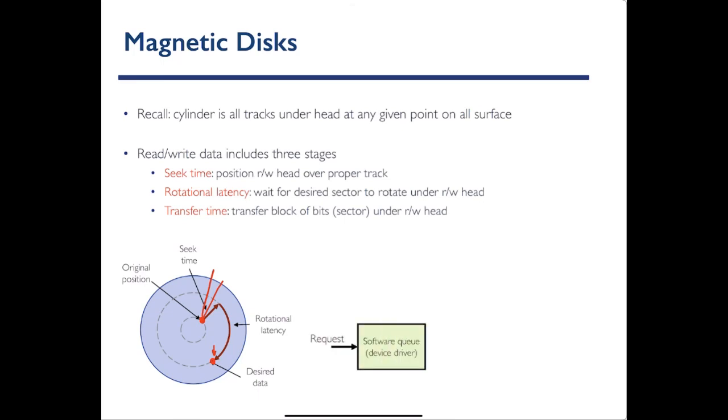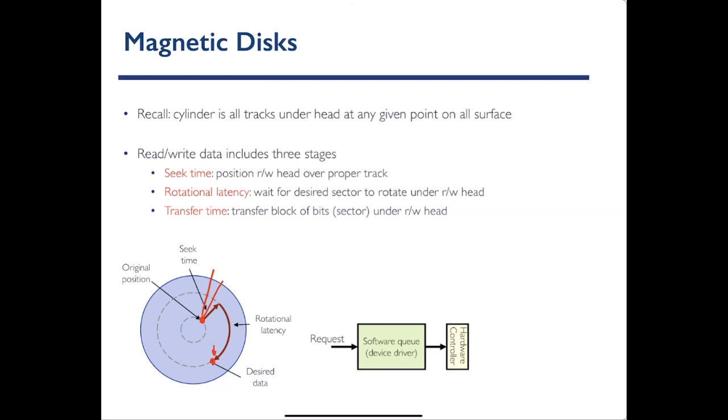If you want to put all of this into the formula that we saw, your request comes, let's say from your device driver. It gets queued, as I said. Usually inside the operating system you have these IO requests. Then it's sent to the device.